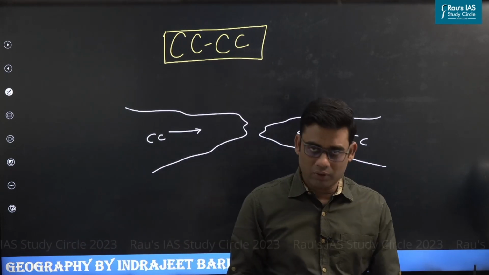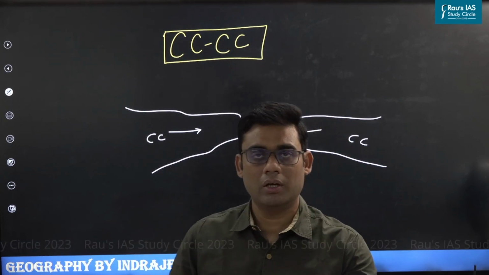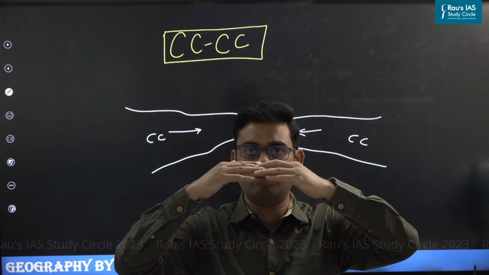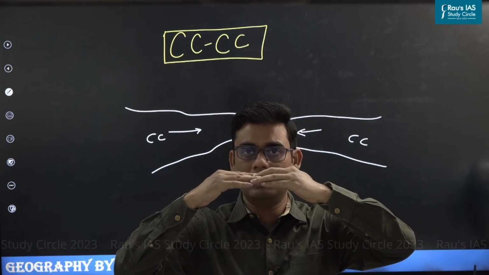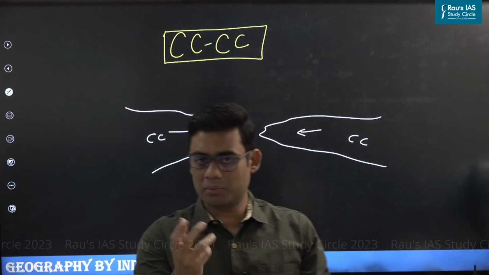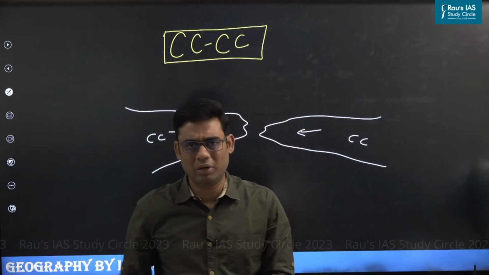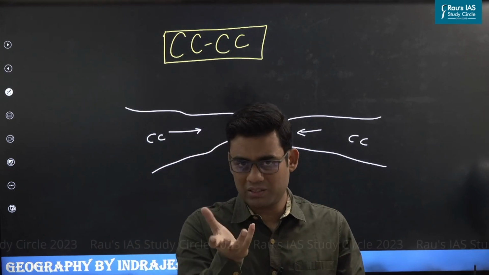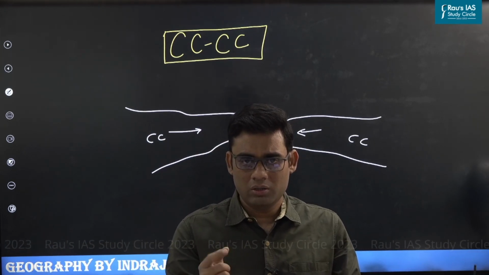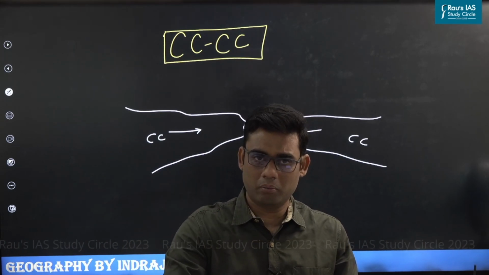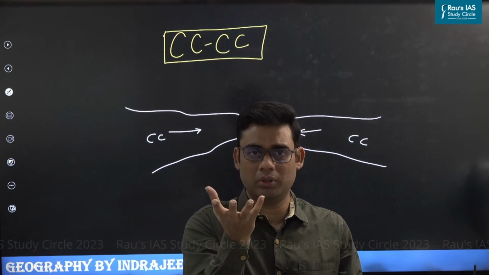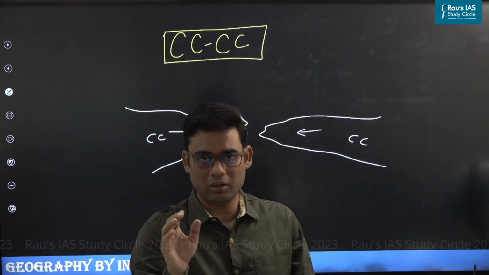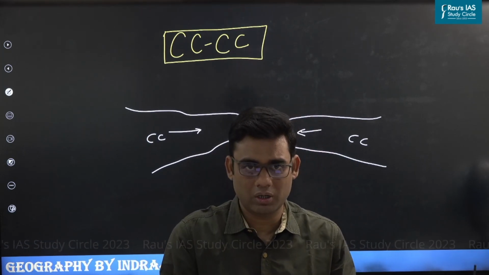Now continental crusts are very light, so they cannot subduct. It's pretty much like a plastic block floating in water. You can forcefully push it down, but the moment you leave it, it will pop up.